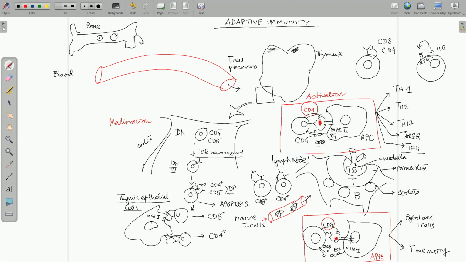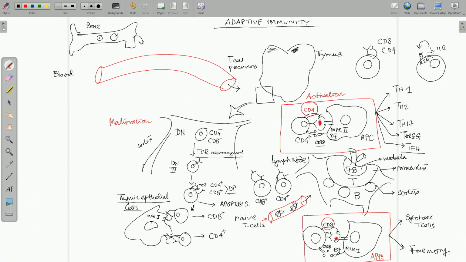So, these antigenic peptide bound class 1 MHC molecules interact with CD8 plus T cells, and once this interaction is complete, along with this co-stimulatory interaction here shown for the CD28 and the B7, it can develop into the cytotoxic T cells, which can directly go and kill the pathogens or the target cells, or they can also develop the memory T cells.